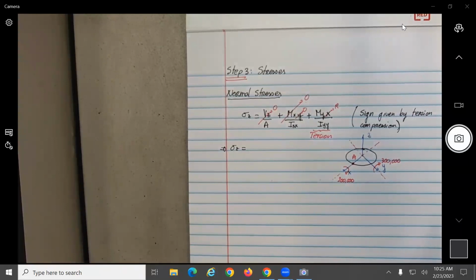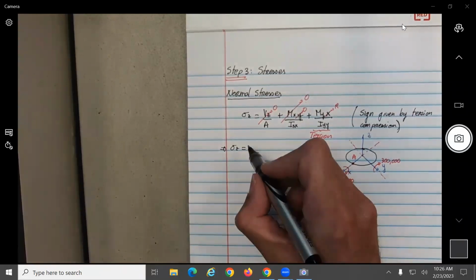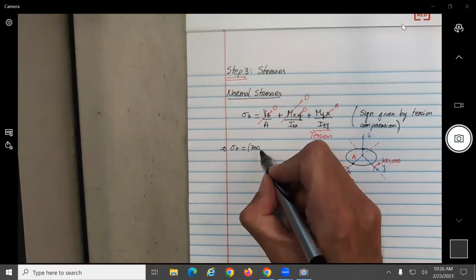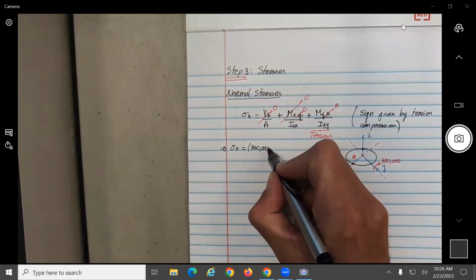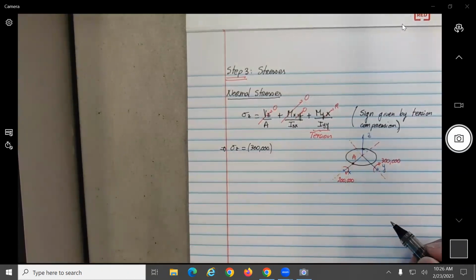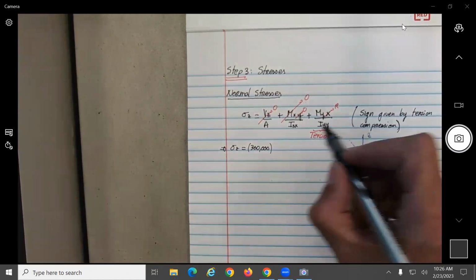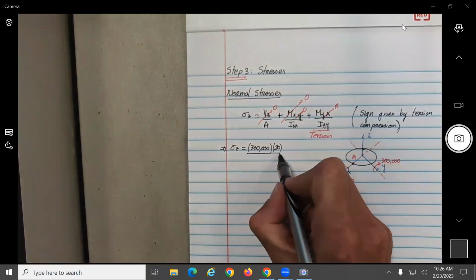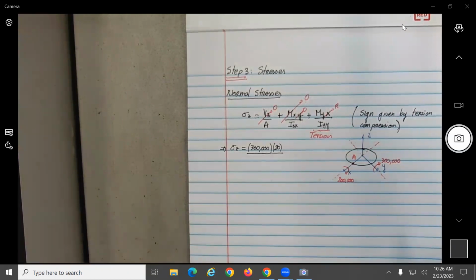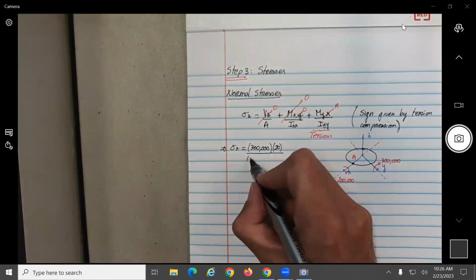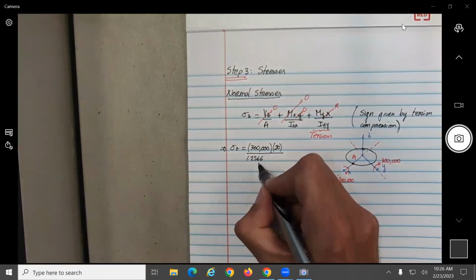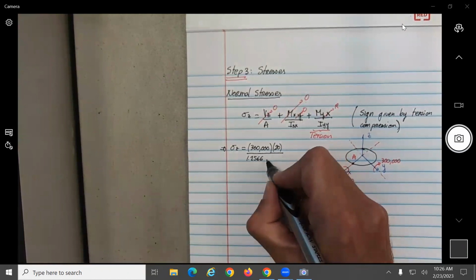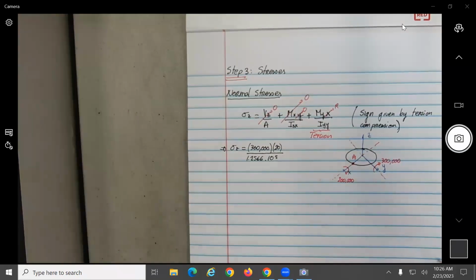I just look at the magnitude, so we only have the My, which will be 300,000, times 20, divided by the, what was the value? 1.2566 times 10 to the 5th.